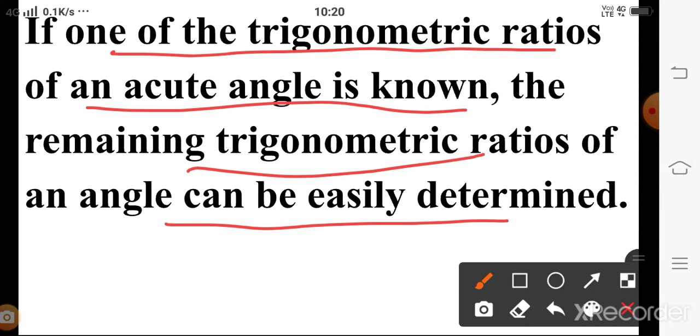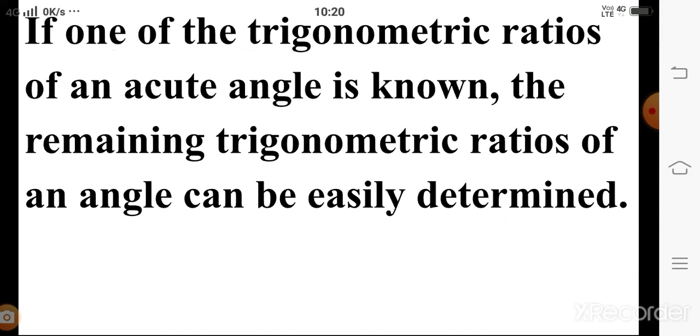If we have one trigonometric ratio, then we are able to find the other ratios, because we have the relationship between all these, and that we are going to learn ahead in this presentation.